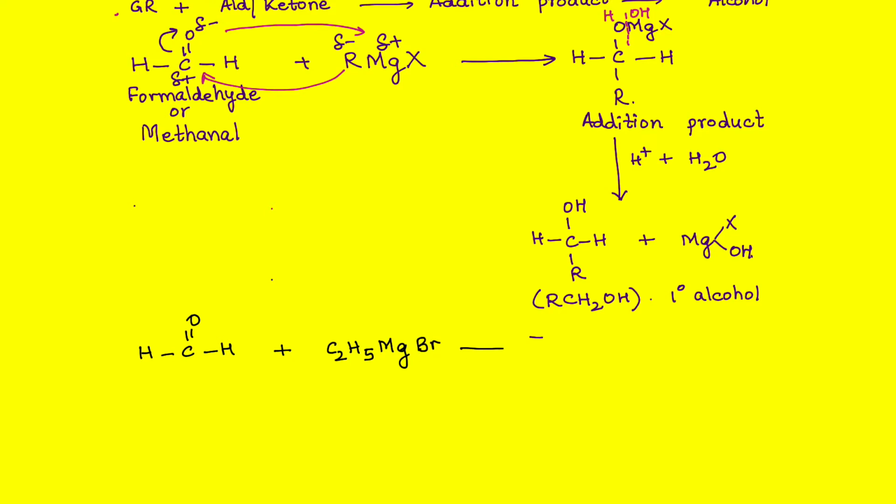Pause the video, go step by step, form the addition product, carry out hydrolysis, and be ready with your answer. Be honest. Yes, I am also doing it with you, but let's be honest with each other. Try it yourself so as to gain confidence.